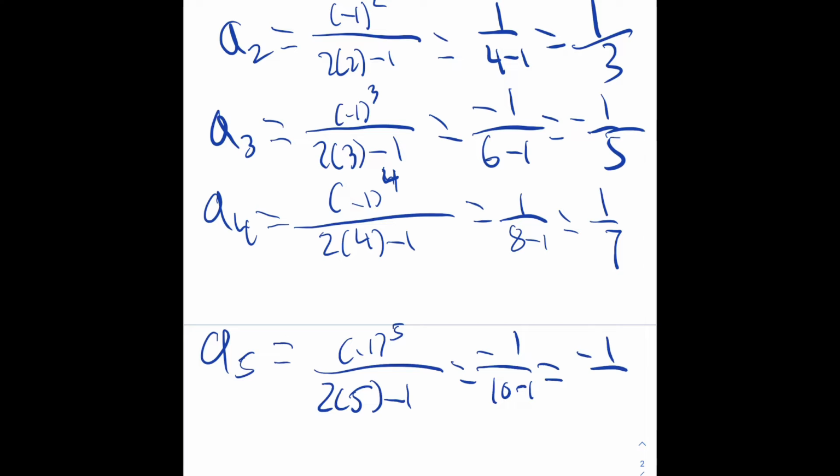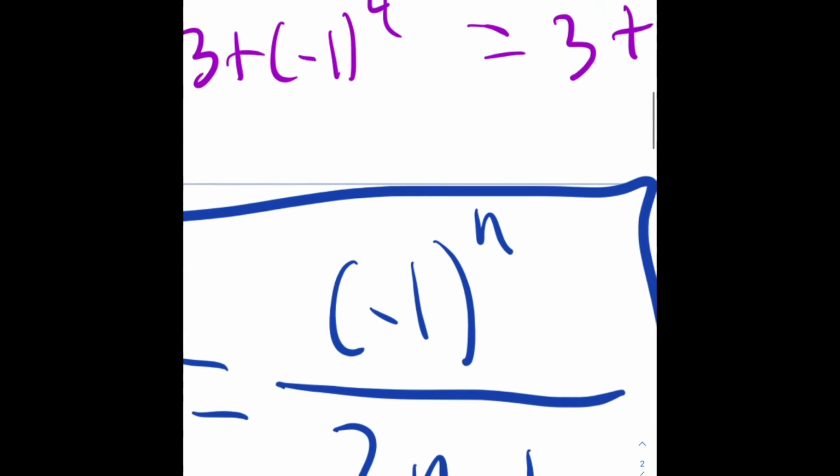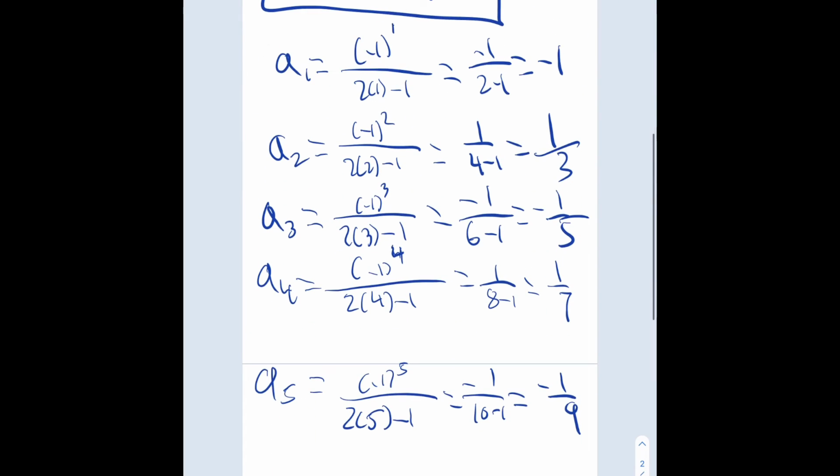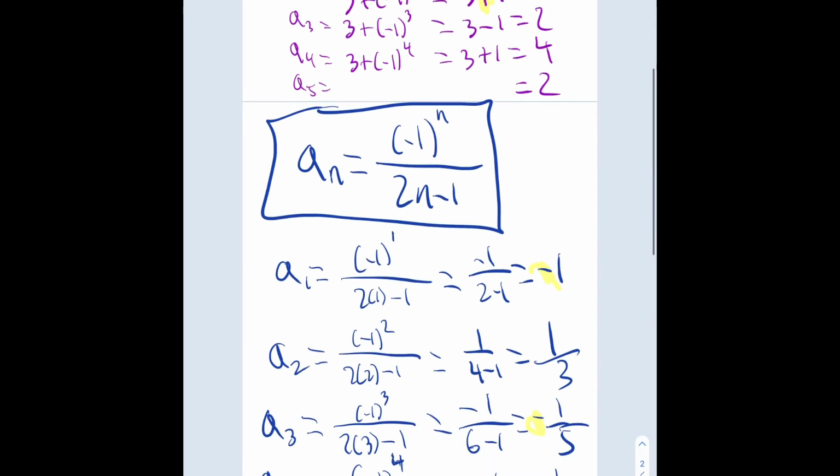And it's alternating between positive and negative. So if you notice when we have this negative 1 to the n power, that may force parts of our equation or parts of our answers to flip between positive and negative.